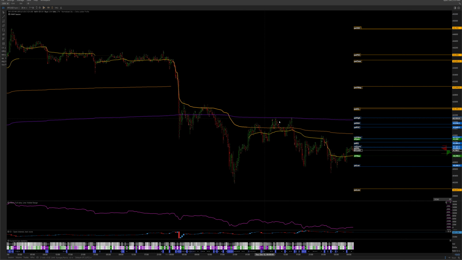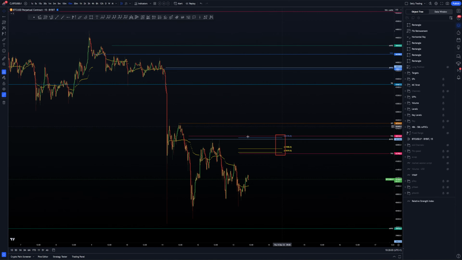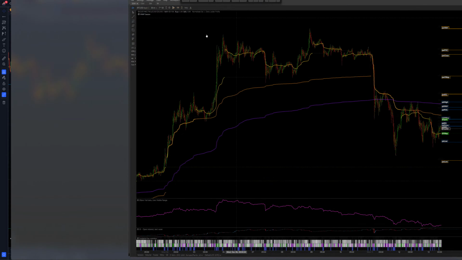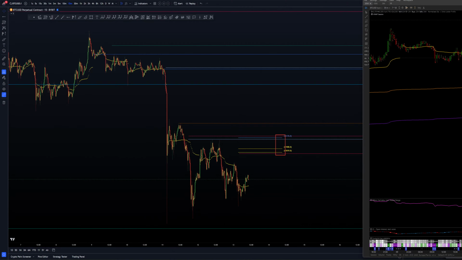Anyway, there are some data missing here, I think, because there is a massive wick here, and there is no massive wick here. What the hell is this again?